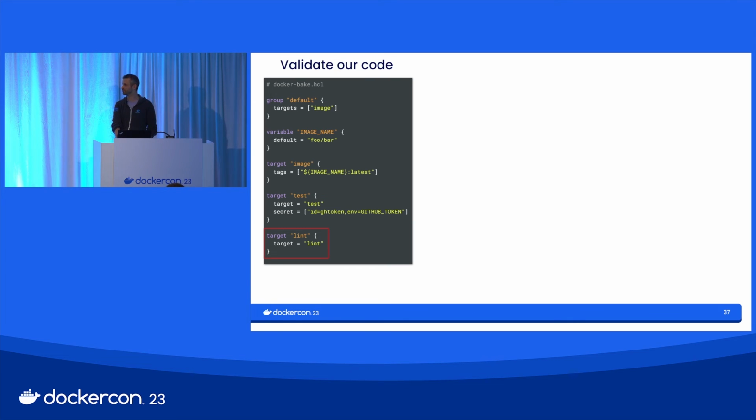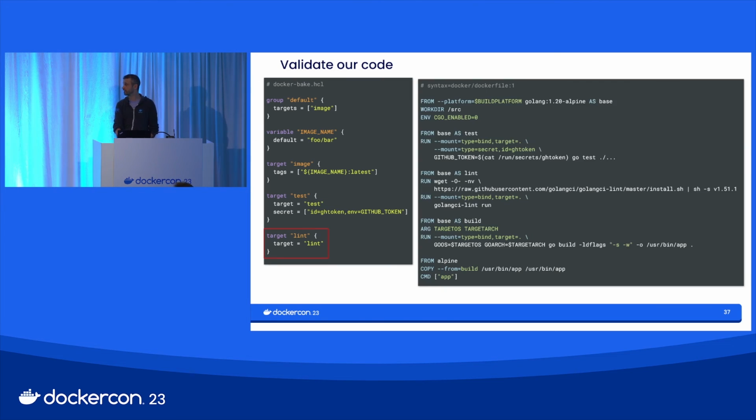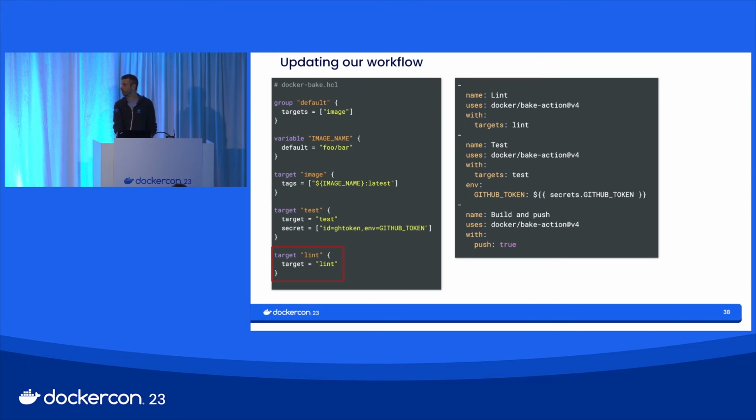My Bake file starts to be huge, but this is useful. I can reuse this one in the future. And I create a lint stage as well in my Dockerfile that will just run golangci-lint to check if my code is OK. And in my workflow, I will now add a new lint step.